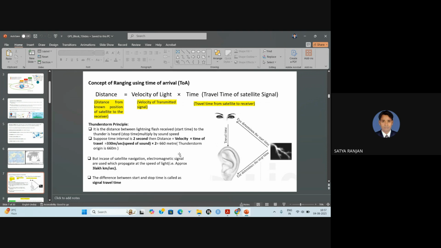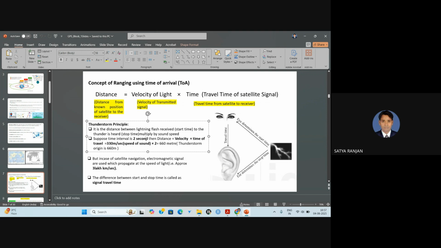Suppose the time interval is 2 seconds from lightning to receiving the sound. Then we can calculate the distance equal to the velocity into time of travel, that is 330 meter per second, the speed of sound, into 2, that is 660 meter. So we can calculate that the lightning is 660 meter from the person listening to the thunderstorm after 2 seconds of the lightning.